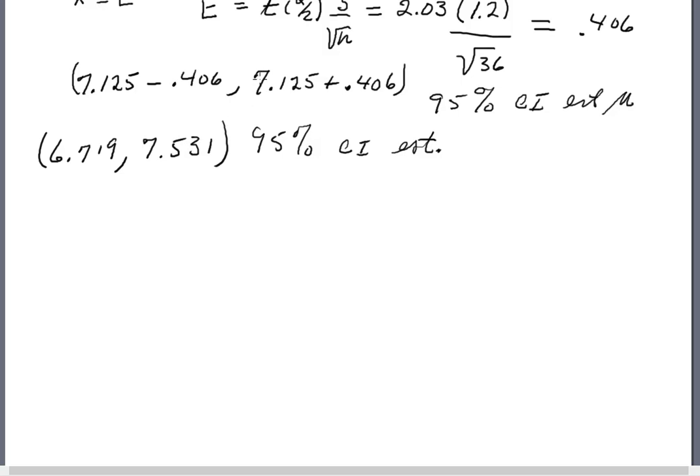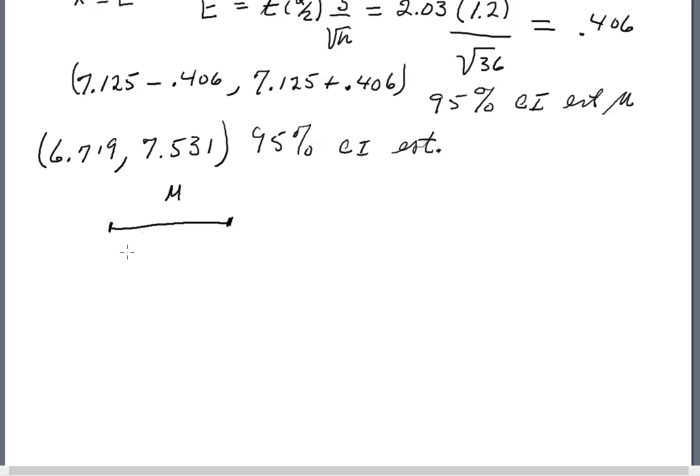Because if I take a different sample, then x bar is going to be different, and s will be different, and that's going to give me a slightly different left-hand endpoint, right-hand endpoint. Suppose that that new interval that I get ranges from there to there. We won't put numbers on it, but they're going to be close to these two, but not exact. And suppose that mu is right here.